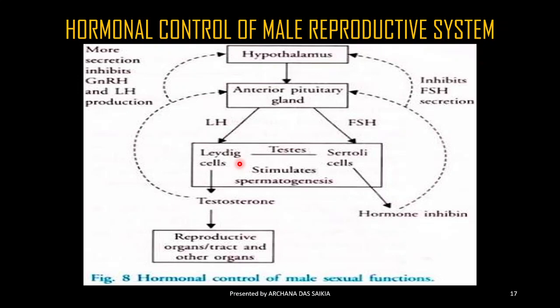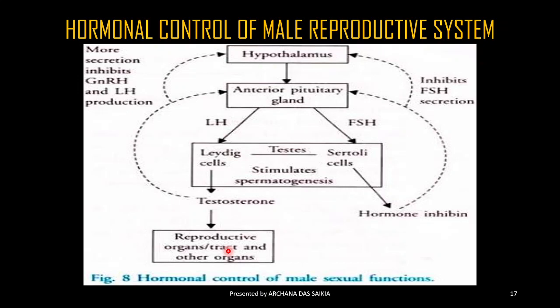So this LH will stimulate the Leydig cells to release testosterone or androgen, the male hormone. This male hormone will then further stimulate the reproductive organs, tract and other organs. They will be responsible for all the reproductive activities going on inside the male reproductive system.